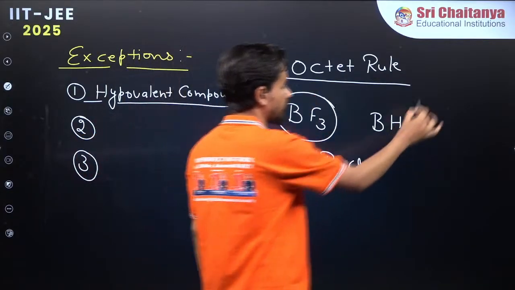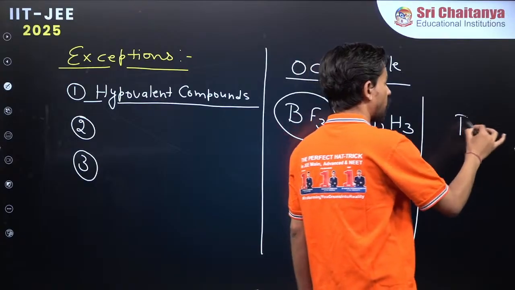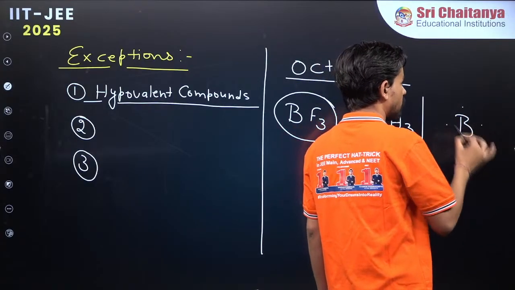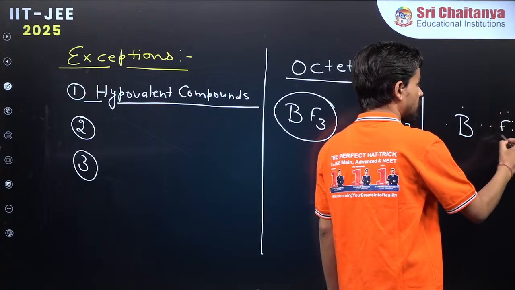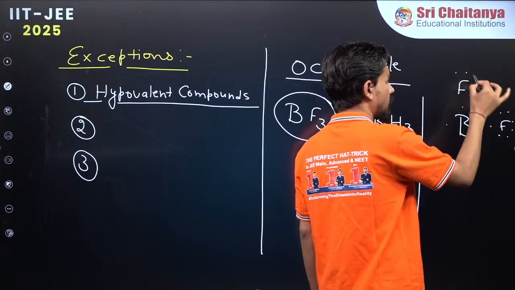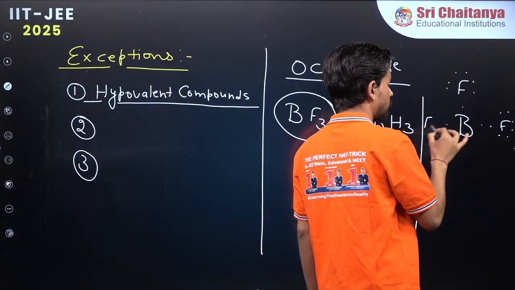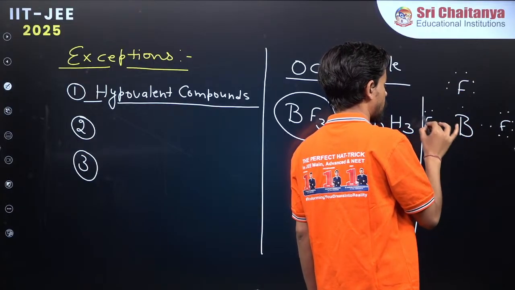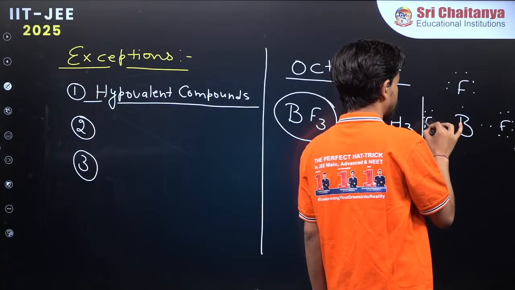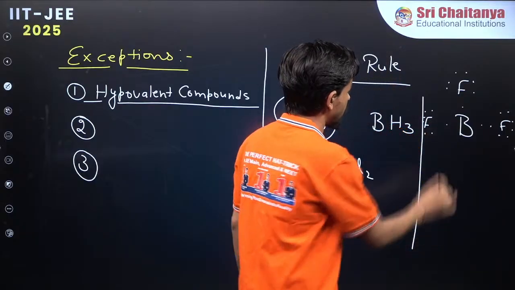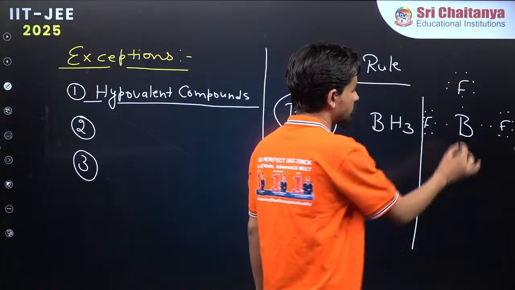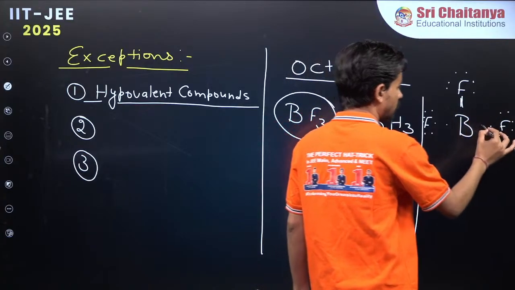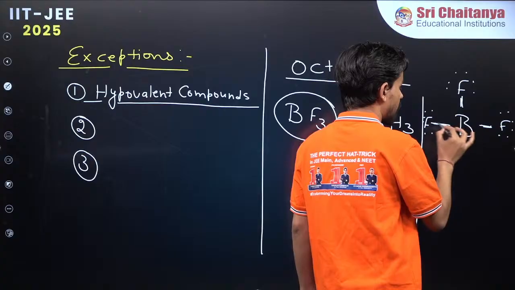BF3 is very easy. Boron has 3 electrons in its outermost shell, and each fluorine has 7 electrons. If you see, this boron has 1, 2 and 3 bonds and no lone pairs.